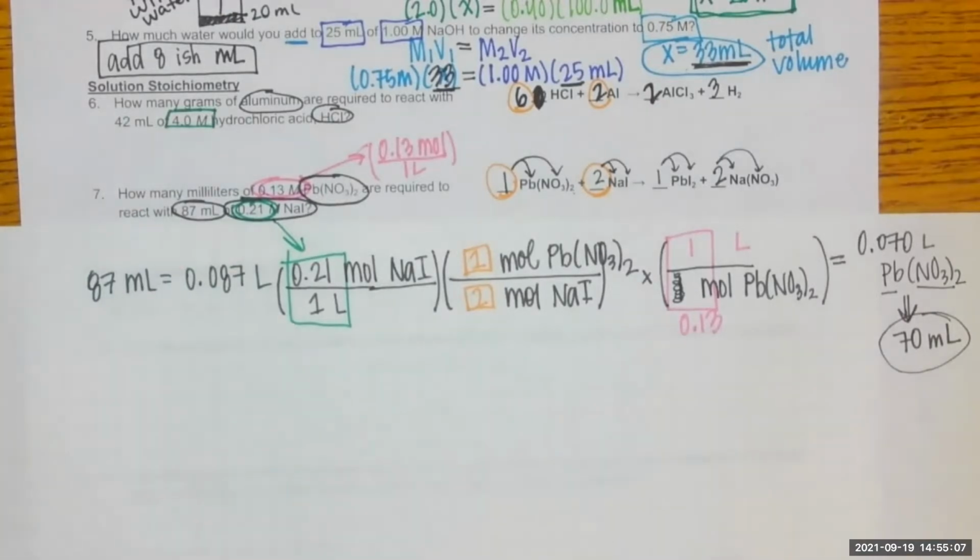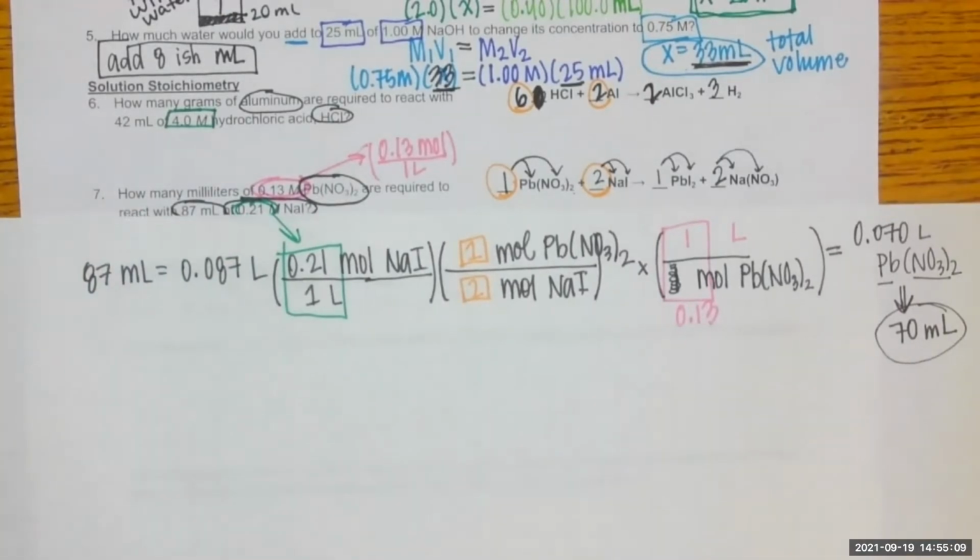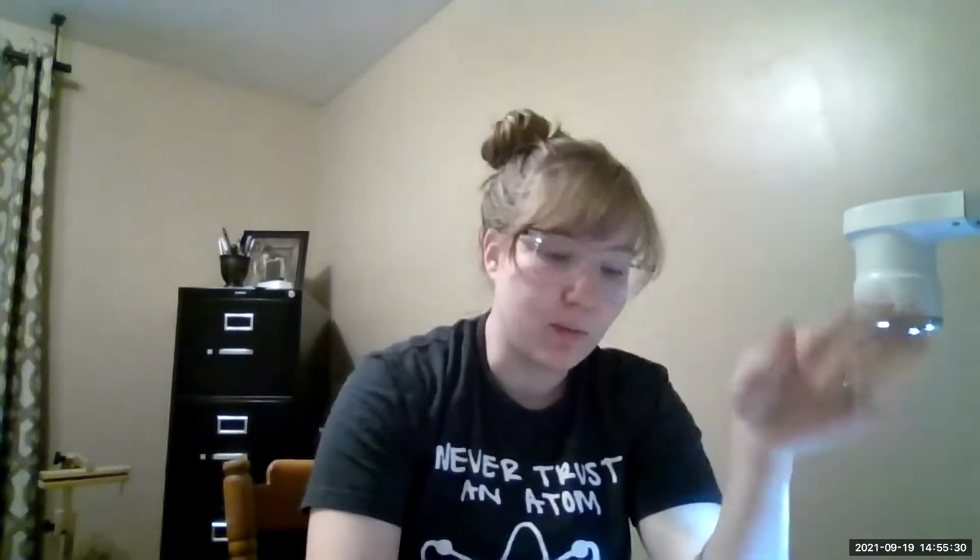Solution stoichiometry problems only work like this when you have something that reacts to completion. So we used stoichiometry last year when we were assuming that the reaction completed in one direction, it just did the reaction.